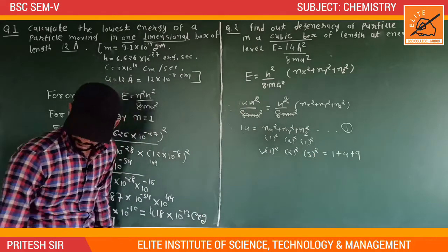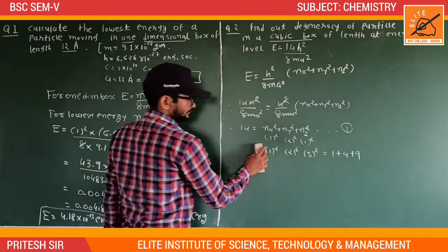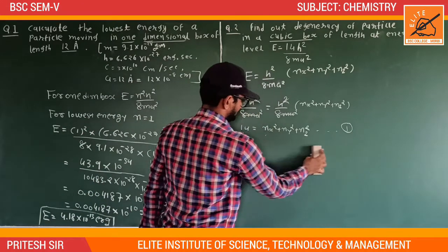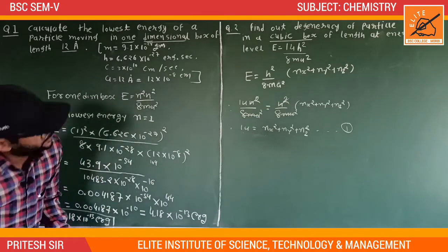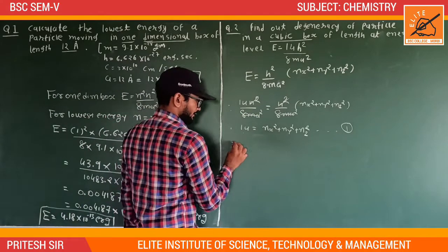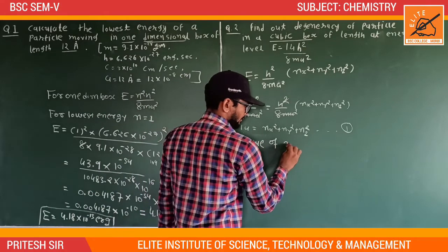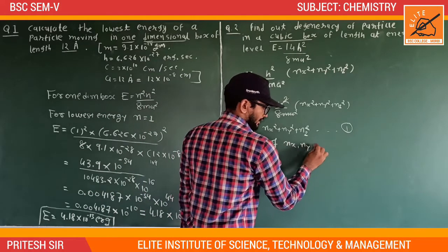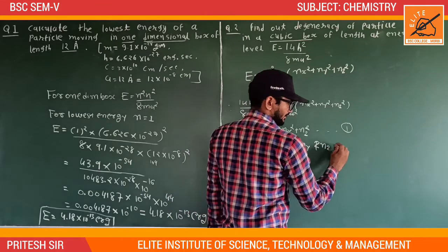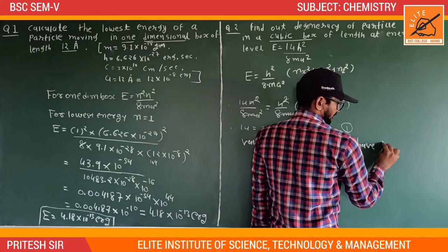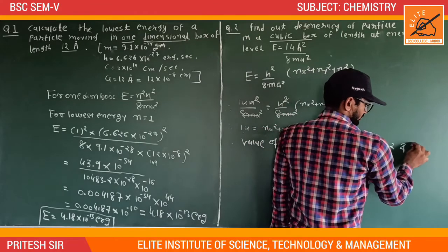Therefore the values of nx, ny and nz may have 1, 2 and 3.